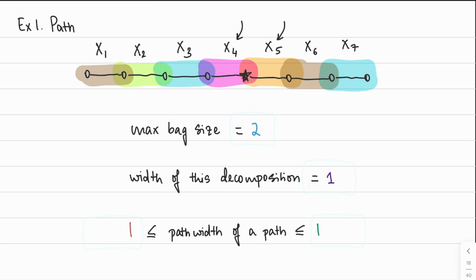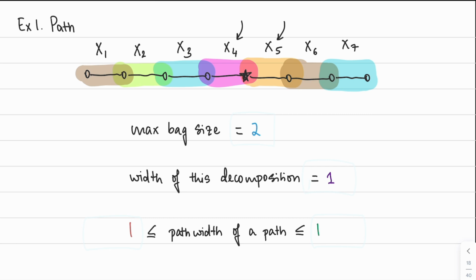Okay, so the only graphs that have a path width of 0 would be graphs that are empty, that have no edges in them. Okay, so in general, to show that the path width of a graph is at most something, all you have to do is exhibit a valid path decomposition where the maximum bag size is at most that target quantity plus 1.